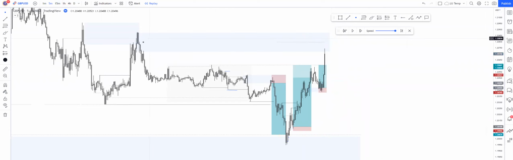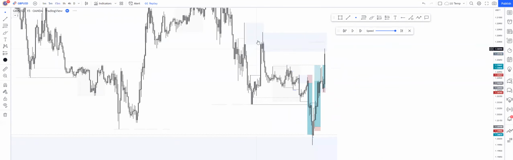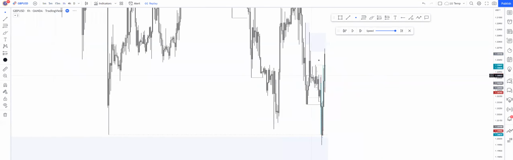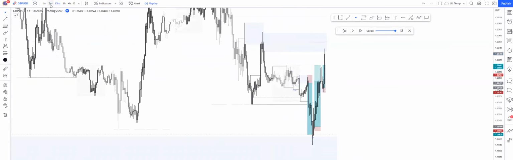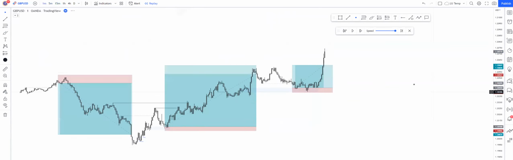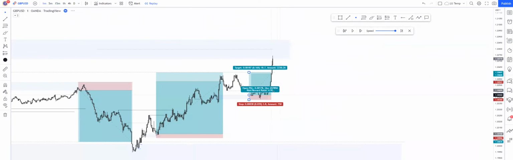So let's play this out. This is a 15-minute rejection block. So with the 15-minute, the most logical thing to do is use the 5 and 1 minute for a confirmation entry.